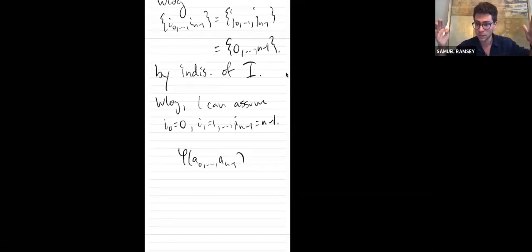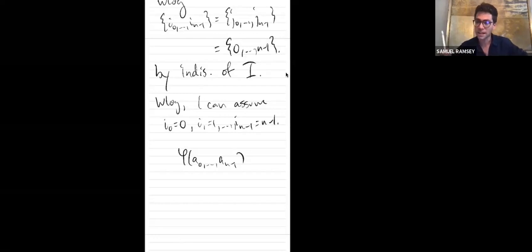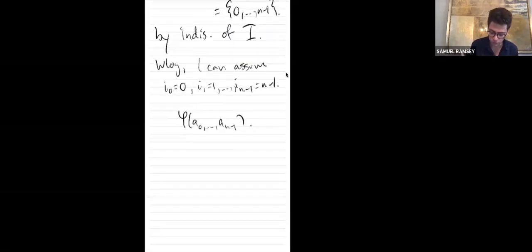Now the alternative is that I agree with the j's, but then I can interchange the role of i and j and replace phi with not phi. So without loss of generality, I can assume that one of the tuples that I picked is just the numbers 0 through n-1. Okay, so now we've reduced to the following situation. I've got a single permutation of 0 through n-1, which switches 0 through n-1 from being true to false.